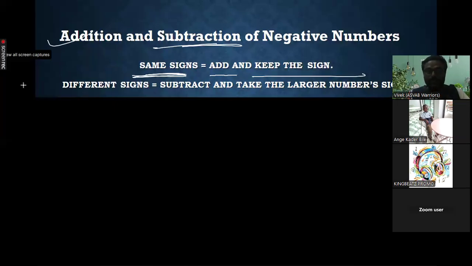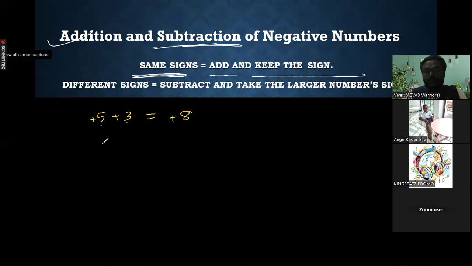Example, 5 plus 3. Here 5 is positive, 3 is also positive. So we add and keep the sign. We don't write positive 8, we just write 8, but it is understood that it is positive.